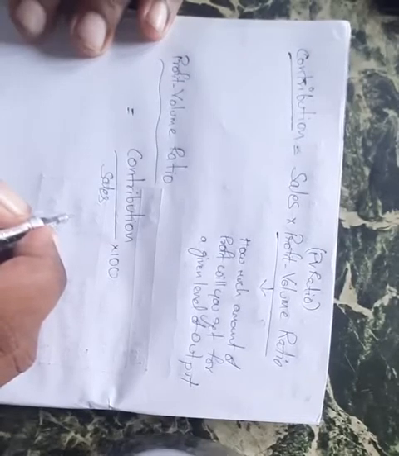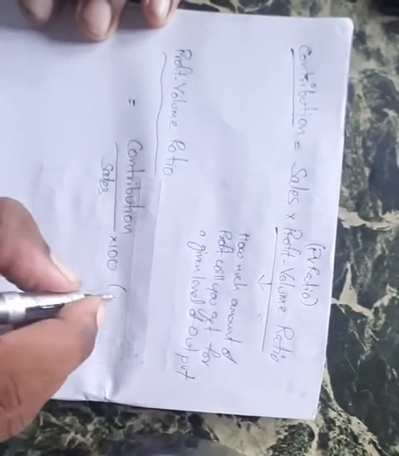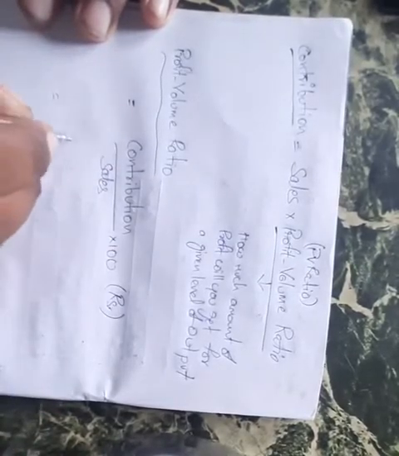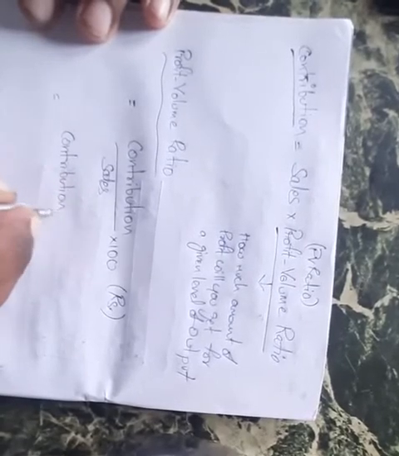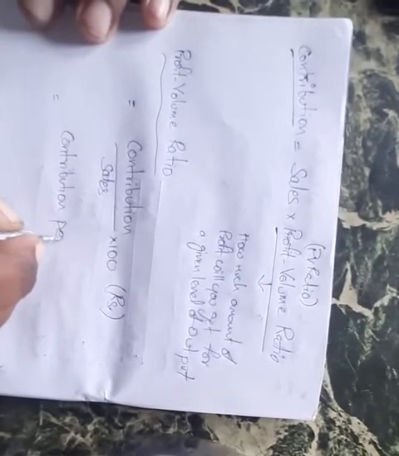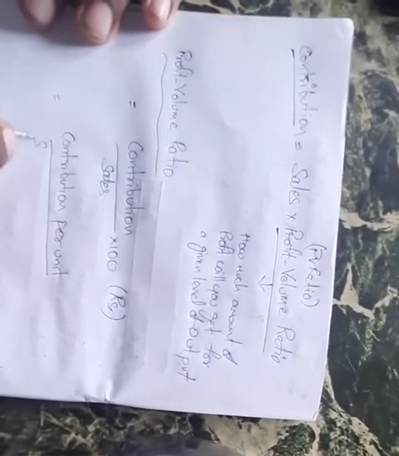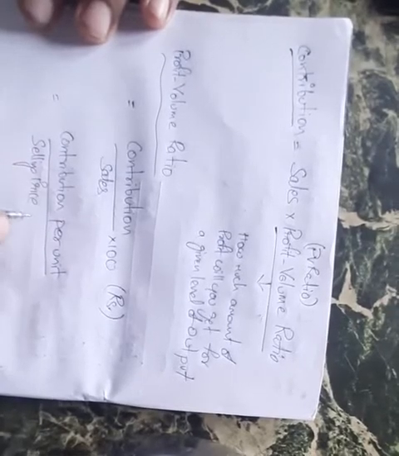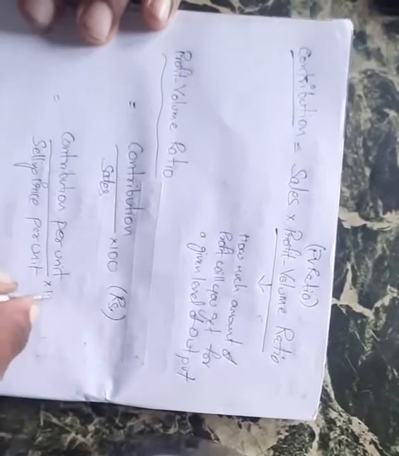If it is for rupees amount, there is another formula: contribution per unit divided by selling price per unit into 100.